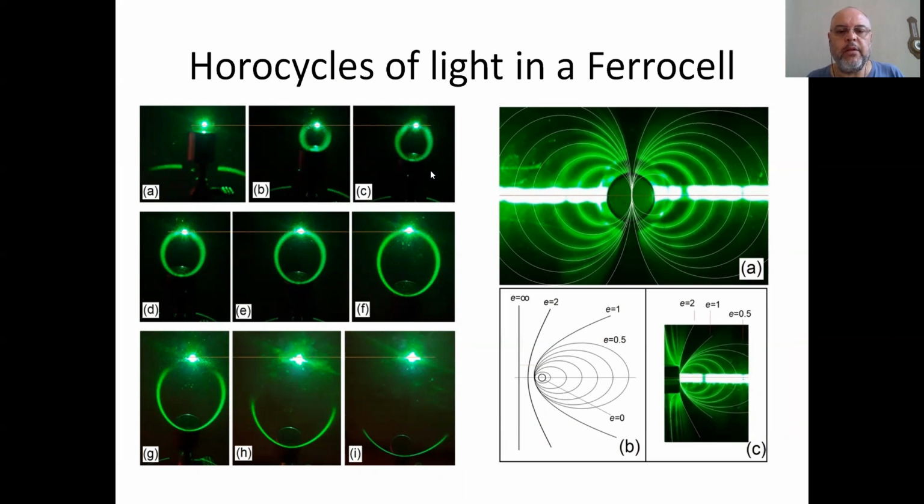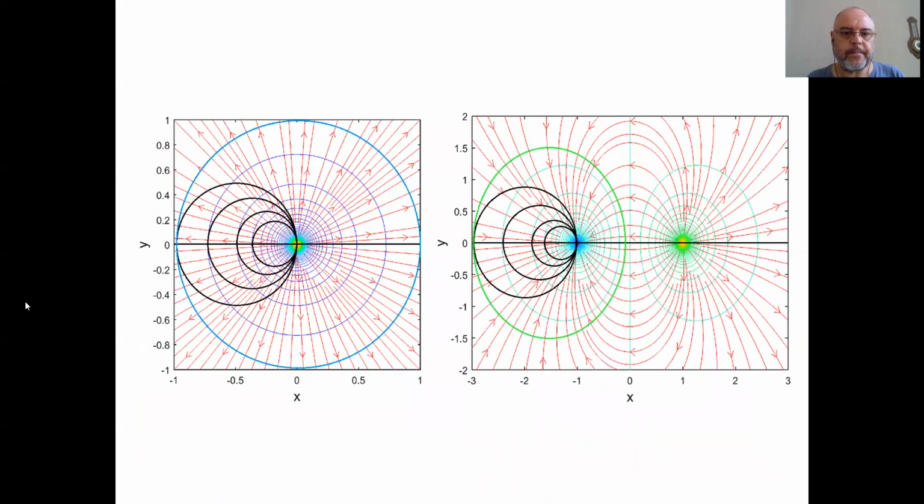And these microneedles are aligned with the magnetic field and scatter the light in a direction perpendicular to the incident light.